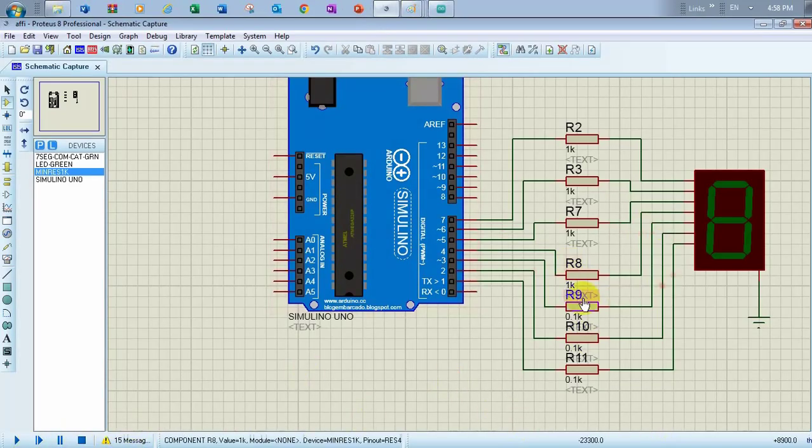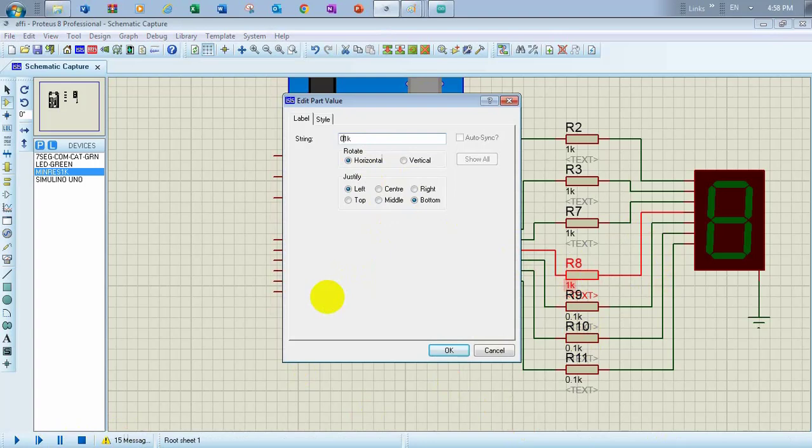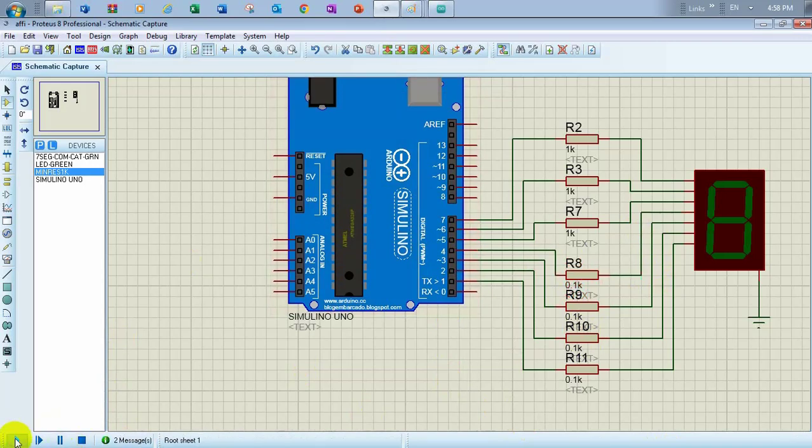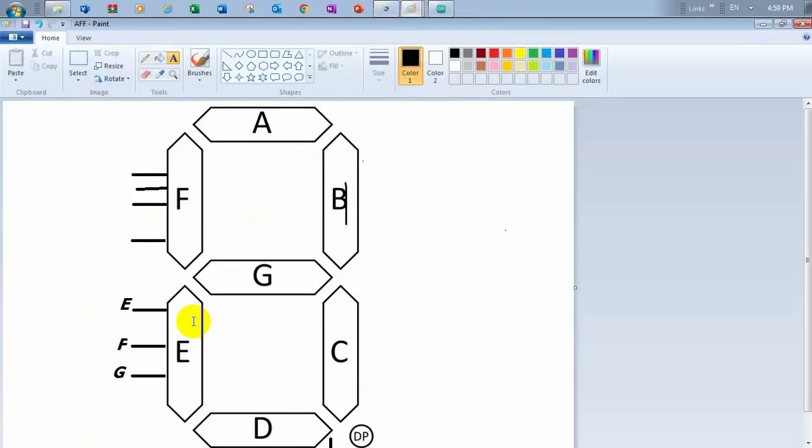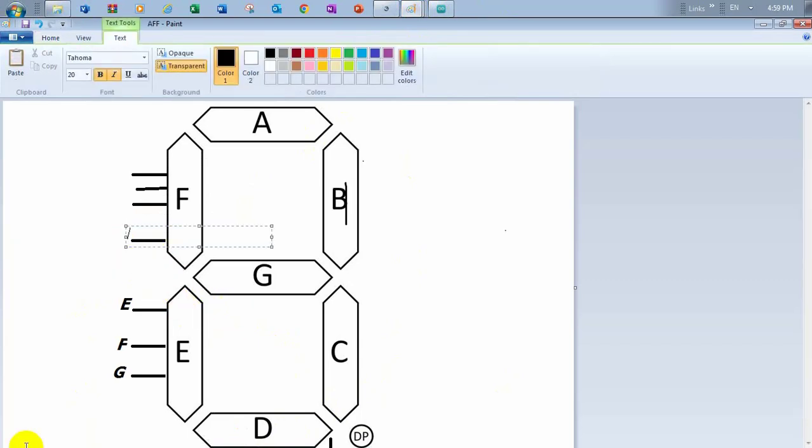Okay, and we do, yes, this link controls this segment. Okay, it's D, right here, D. Okay.